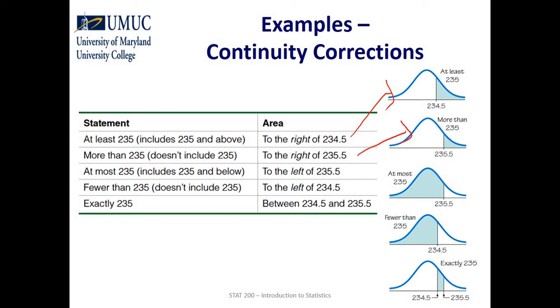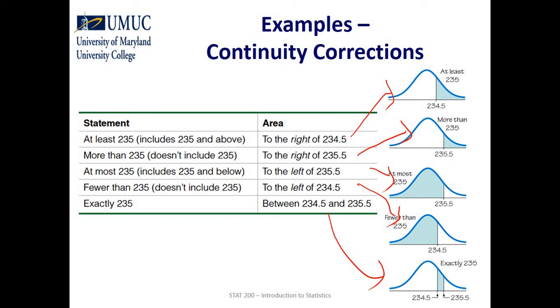That'll be a slightly different answer. If we do at most 235, it includes 235 and below, so we do the area to the left of 235.5. Fewer than 235, which doesn't include 235, we do 234.5 and below. And if we want exactly 235, we do the interval between 234.5 and 235.5.